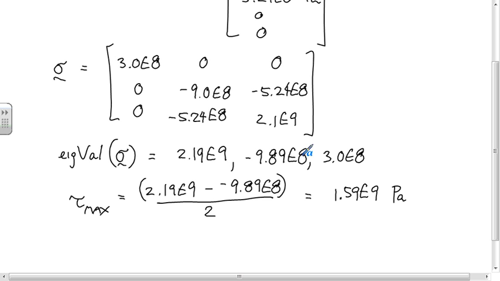You could come up with an angle, but we're not worried about that. It's always 45 degrees off from that. So when you get your principal stresses, there are 2 of them you use to calculate the max shear stress. And the max shear stress is always going to be oriented 45 degrees in the plane of those two.